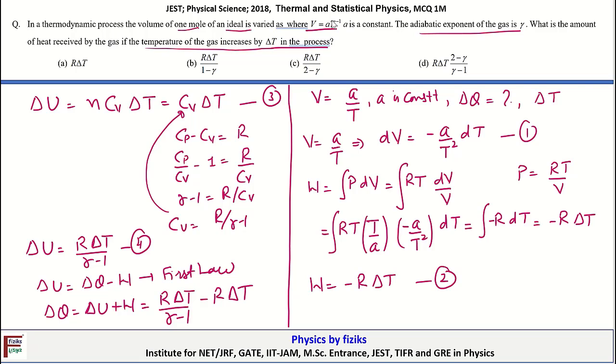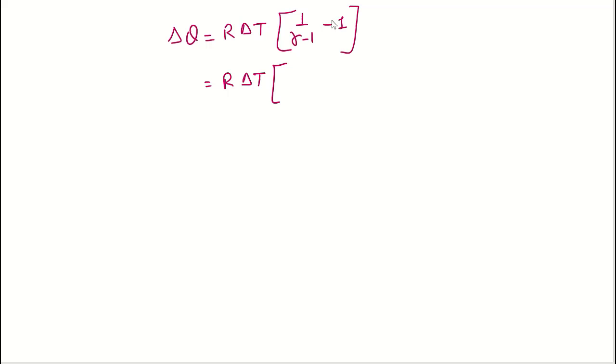After solving this, delta Q comes out to be equal to R delta T into 1 upon gamma minus 1 minus 1, and that is equal to R delta T times (1 minus gamma plus 1) upon gamma minus 1.